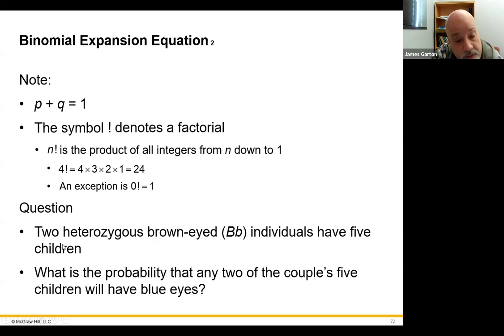And so you have 2 heterozygous brown-eyed individuals who have 5 kids. What is the probability that any 2 of the 5 will be blue-eyed?